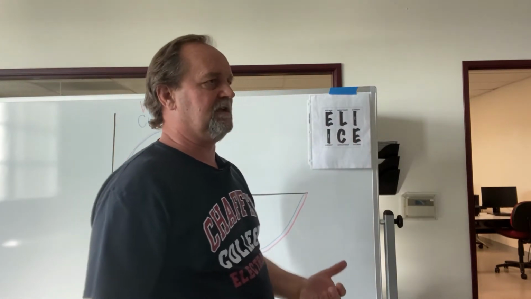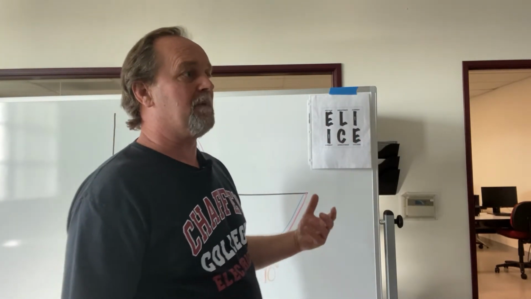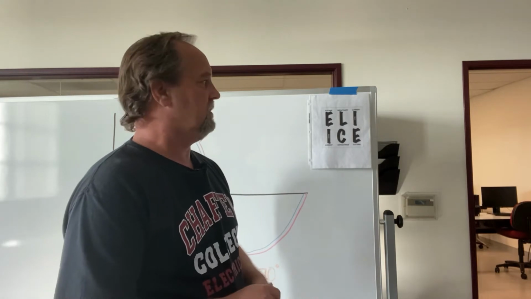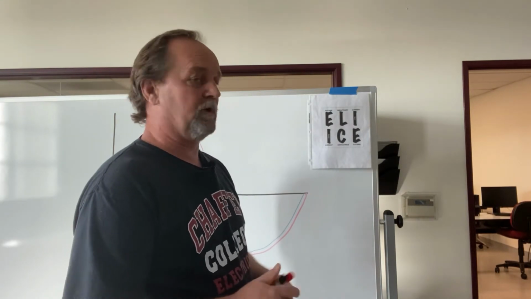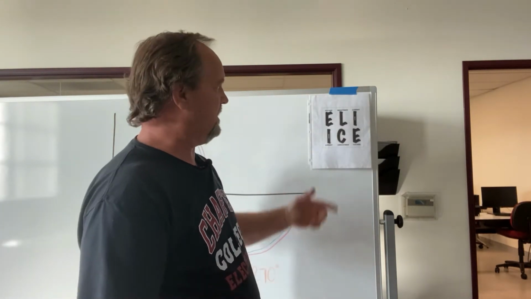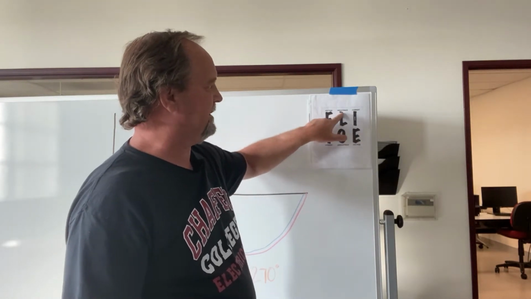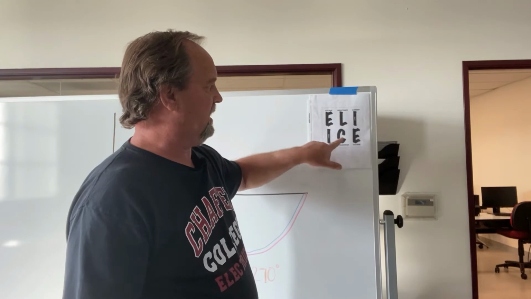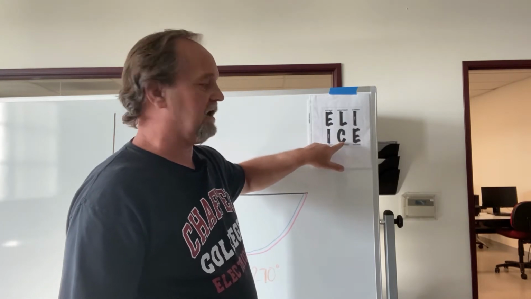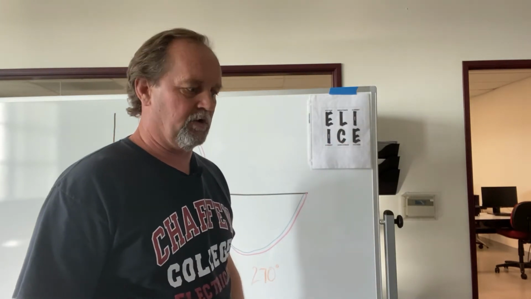So that's the way that we memorize how these two react in a circuit. Eli the Iceman. Current lags voltage in an inductive circuit, and current leads voltage in a capacitive circuit.